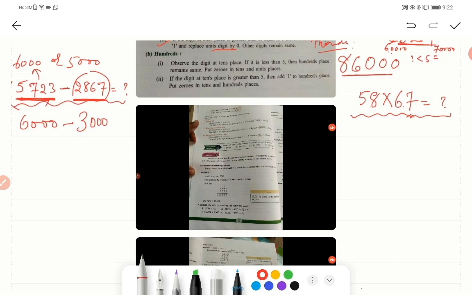So it's very easy for me to subtract now. This will give you how much? 3000, right? Now this is very easy because we are rounding off to the nearest values. So this approximation of the equation is 3000.